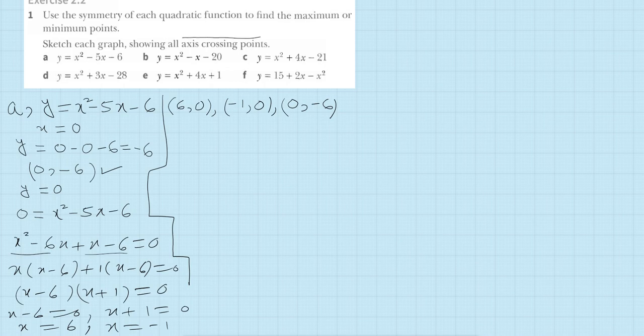The second step is to draw a line of symmetry. How to draw a line of symmetry? See carefully. First we have to draw the x-axis and y-axis.